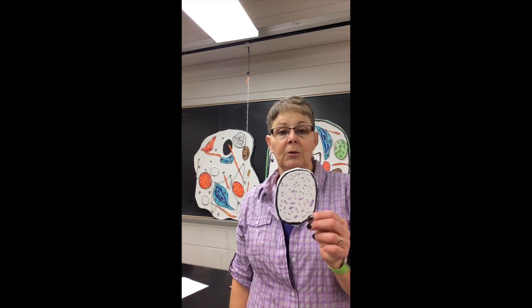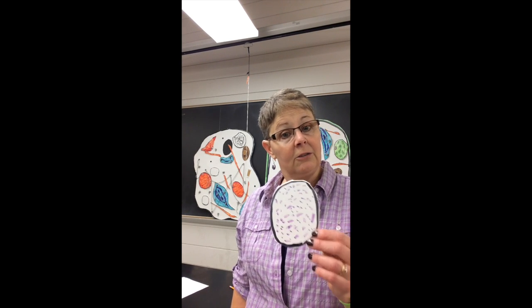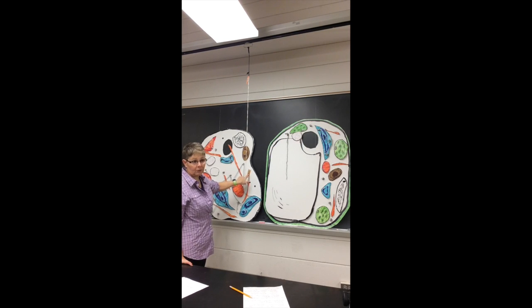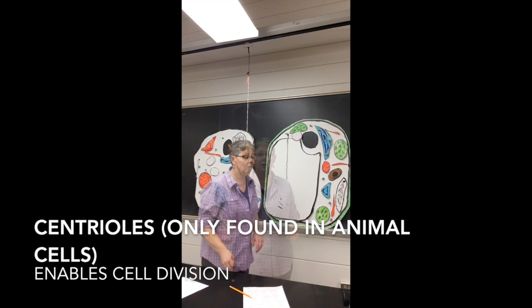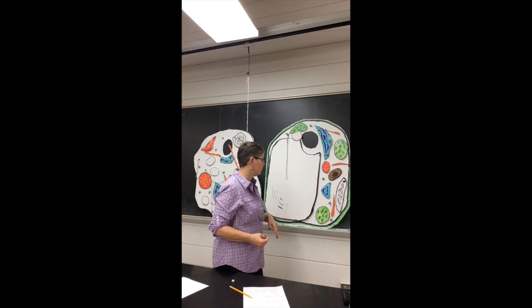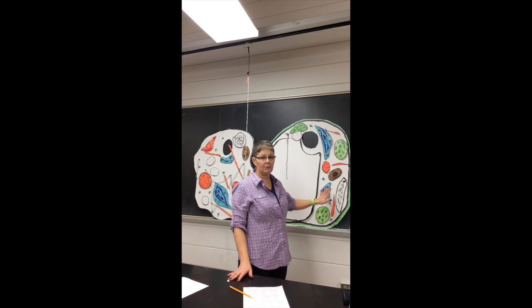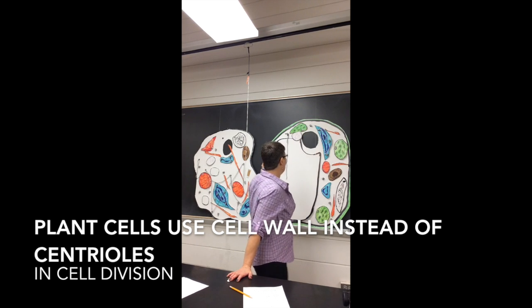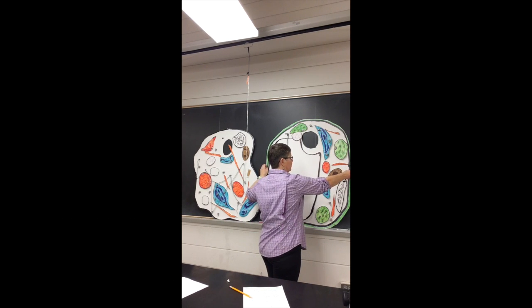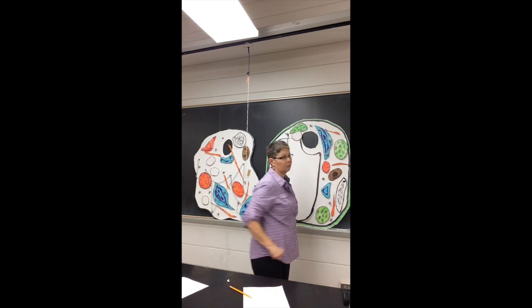So a lysosome is just a vacuole with digestive enzymes in it, so they call it a lysosome because its function is to digest material. Centrioles, that's their function. Centrioles allow for cell division. So when a cell, plant cells also have to do that, but they don't have centrioles because they use their cell wall to embed those spindle fibers in to pull the chromosomes apart.